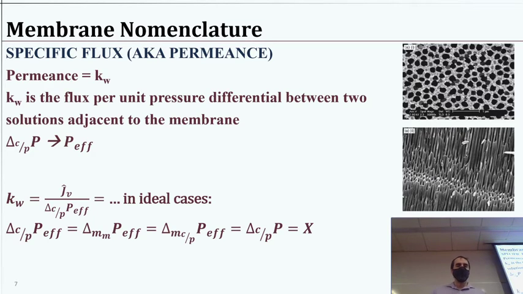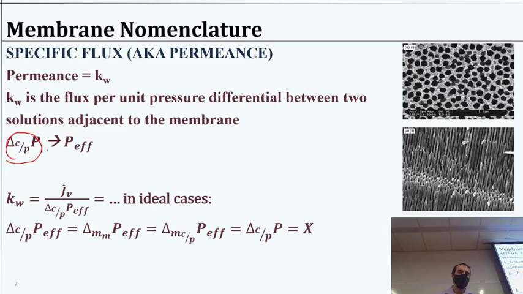Okay, so then we can say this Kw is our specific flux, our permeance. Before we get there, one thing I'm going to say is this measurement of our transmembrane pressure.